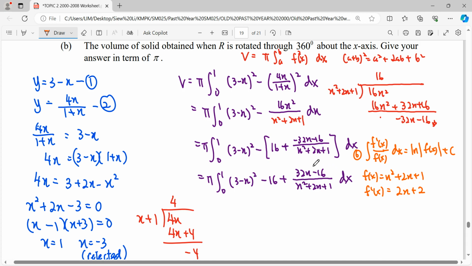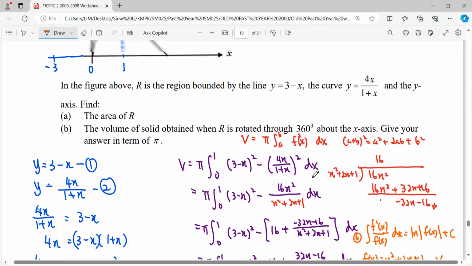But when we factorize out 16, we only get 2x minus 1. So this fraction does not fulfill the special form of the formula. When the formula cannot be used, we need to express the fraction in partial fractions.